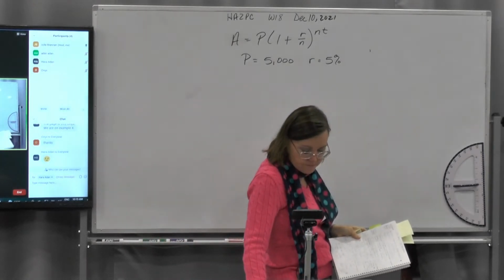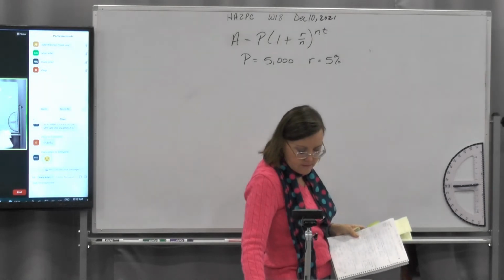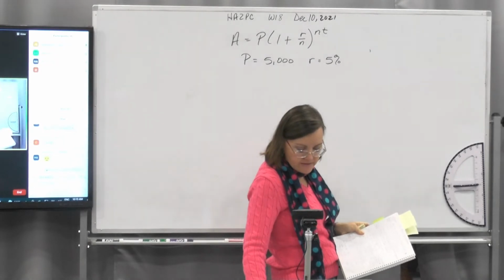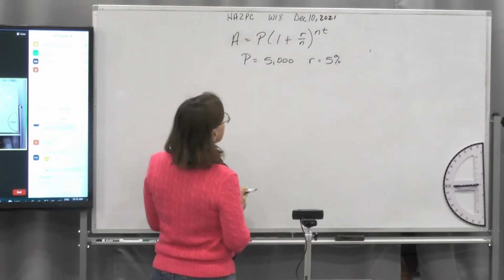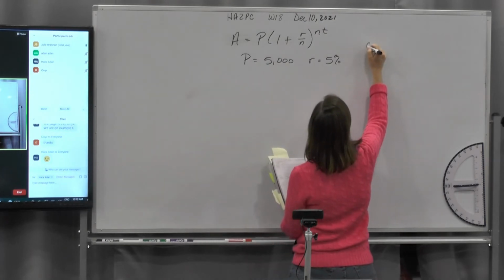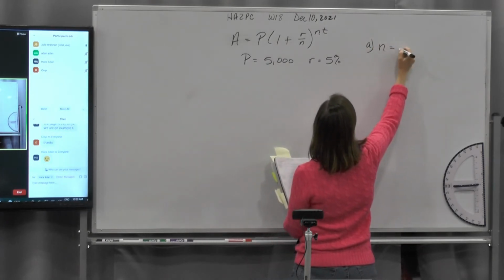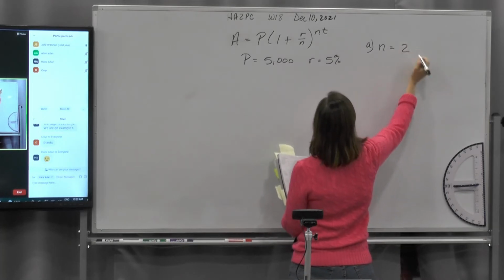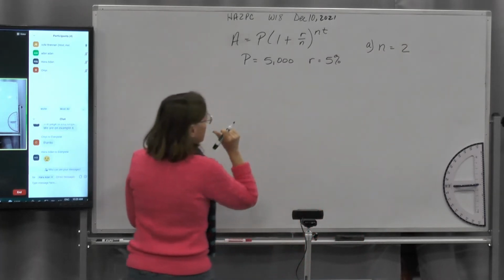First of all, what if I did semi-annual compounding, and I want to find the time required for the money to double. So if it's semi-annual, then n is going to equal, what's semi-annual mean? Twice a year, okay.